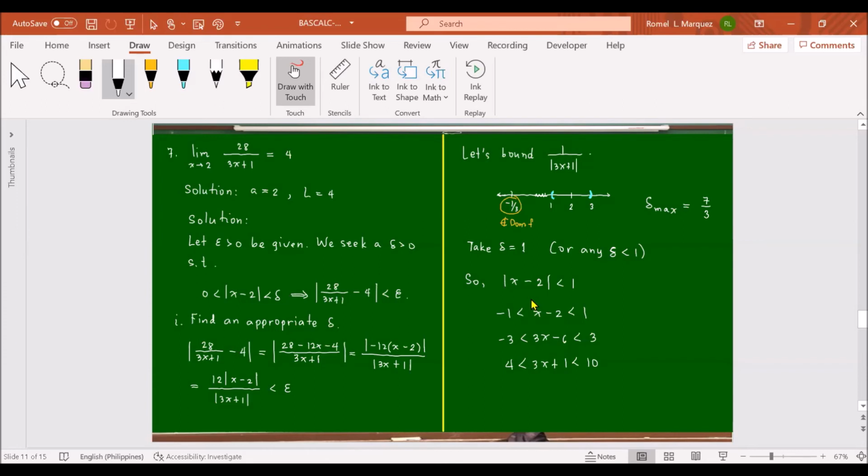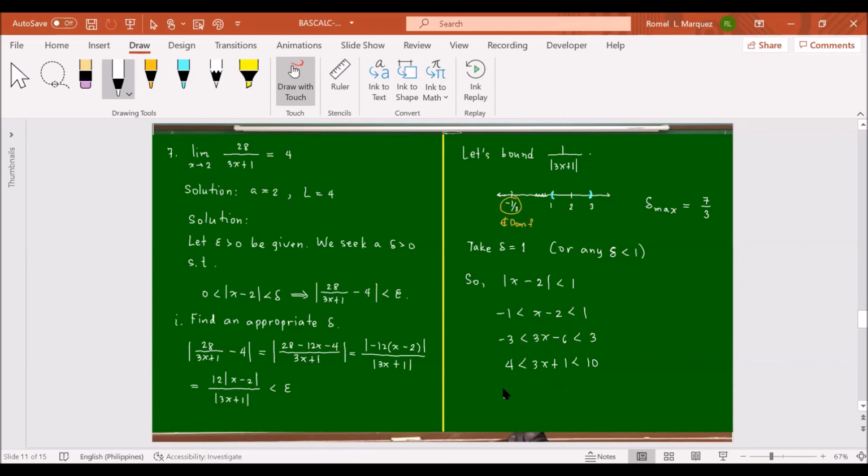Am I correct with this, guys? Could you please check? Let me check x minus 2. Am I correct? X minus 2, okay. So it is 4 less than 3x plus 1, right? So if I multiply this by 3, so this is 3, okay.